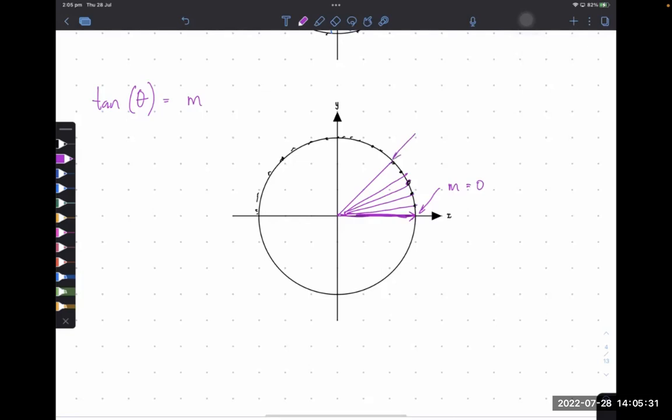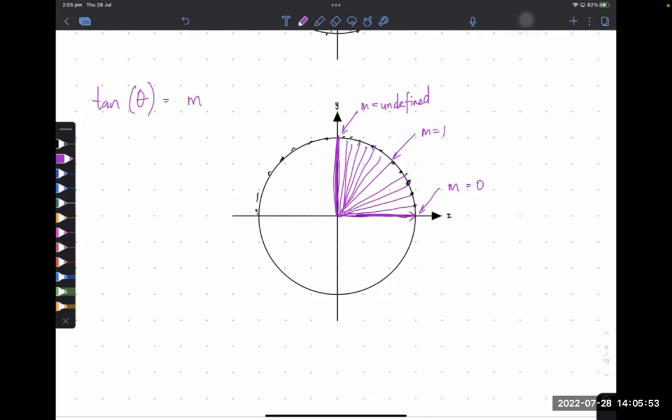What's the gradient here? 1. Okay, fantastic. And then it's going to become steeper and steeper and steeper until I reach a gradient that is undefined because it's a vertical line, yeah?